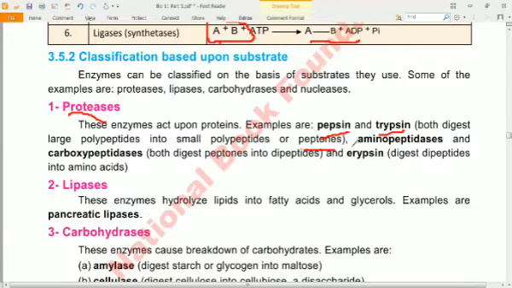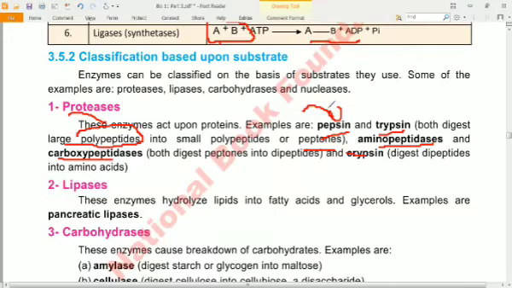Then aminopeptidases and carboxypeptidases both digest peptones and dipeptides, and then erepsin digests dipeptides into amino acids. So this is a cascade or long chain of reactions. First of all, we have large or long polymers of polypeptides, and on that pepsin attacks.